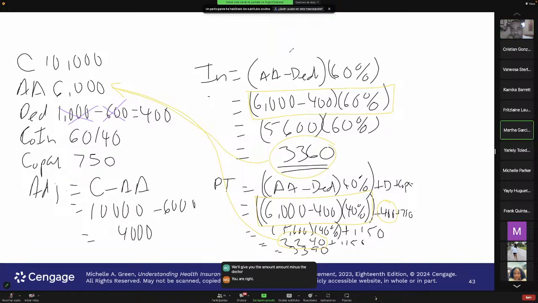You're right. Because remember, we're always putting minus deductible in both. And then the patient's total will be that same number, 6,000 plus what? The copayment. There you go. Because now we included the deductible.